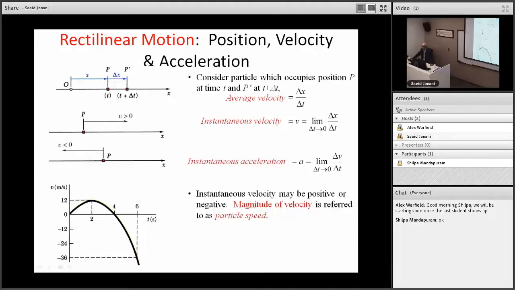That's instantaneous velocity. It could be positive or negative. Same way for instantaneous acceleration, which is the limit of dv over dt when dt goes to 0. Instantaneous velocity may be positive or negative again.